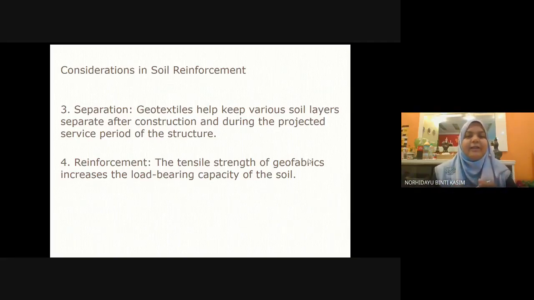And then, of course, as a reinforcement, it can increase the load bearing capacity of the soil. If you use geotextile, it can increase the load bearing capacity, meaning the ability of the soil to carry the loads.